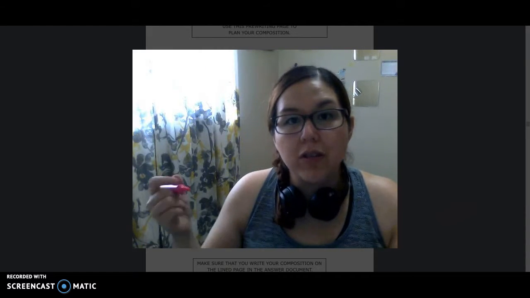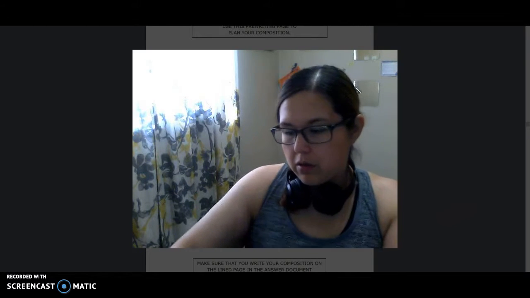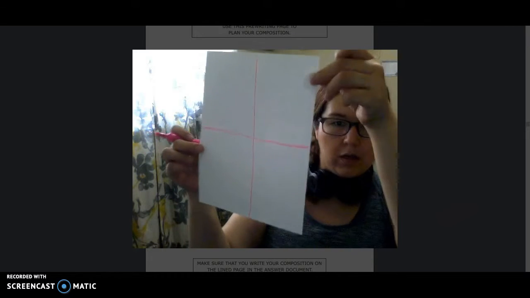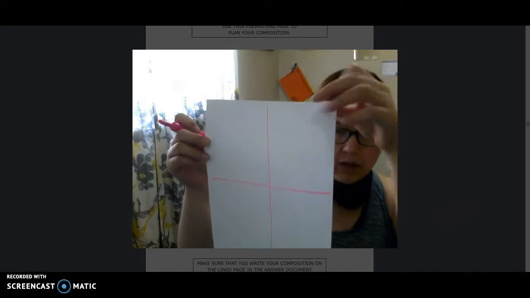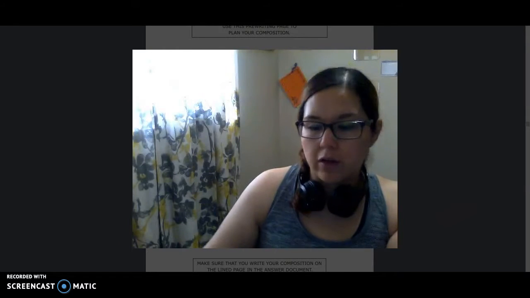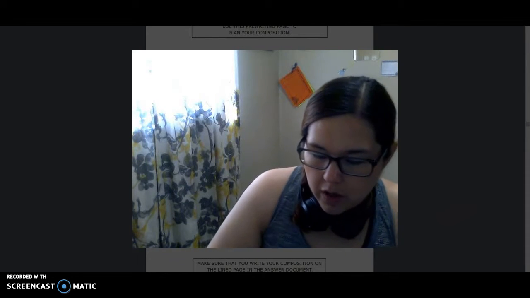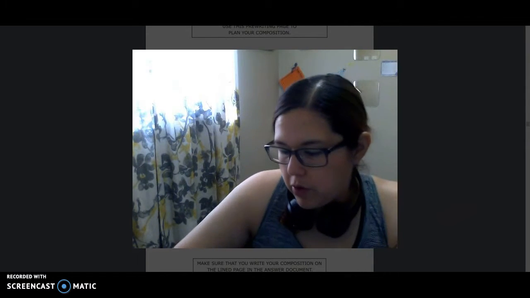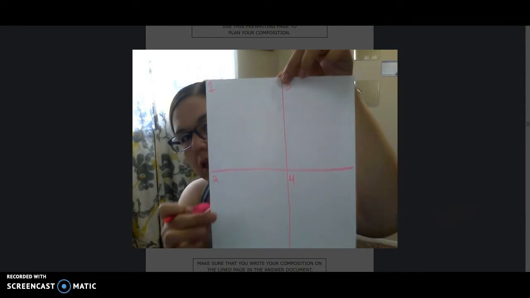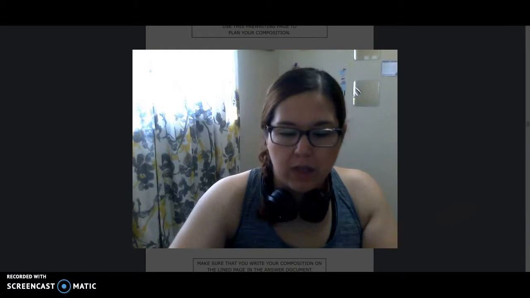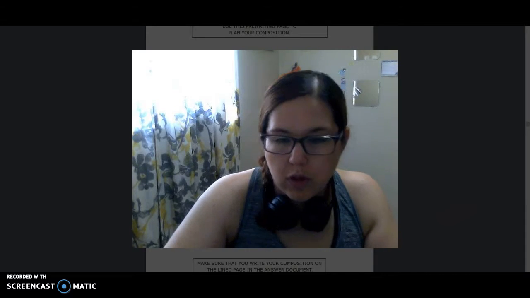The thing is that you have to divide the page into 4. Like this, like this, or like that. It's your preference. We're going to go ahead and do it just whatever. So I'm going to go ahead and put number 1, number 2, number 3, and number 4. Like this. Number 1, well, it's going to be the introduction. So I'm just going to go ahead and put intro.